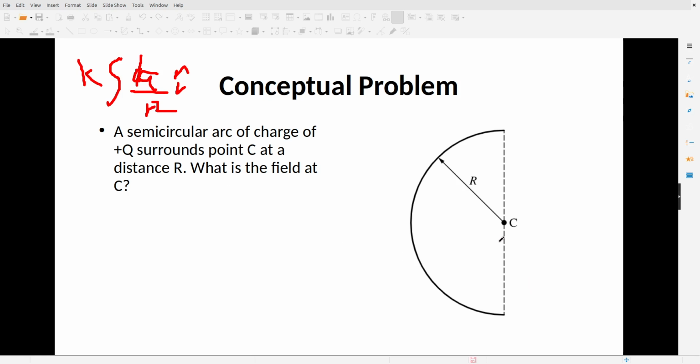The first thing we can do is make a symmetry argument. This entire field is going to go this way, because the y component on the top is going to completely cancel out the component on the bottom.